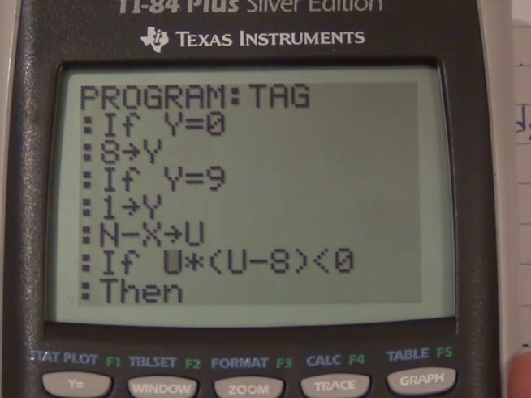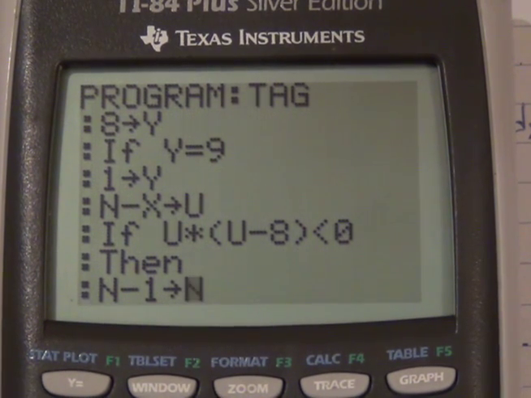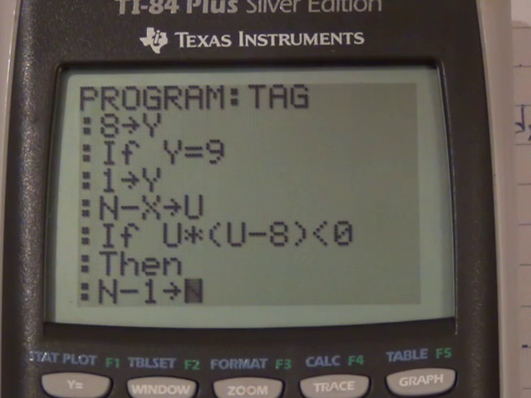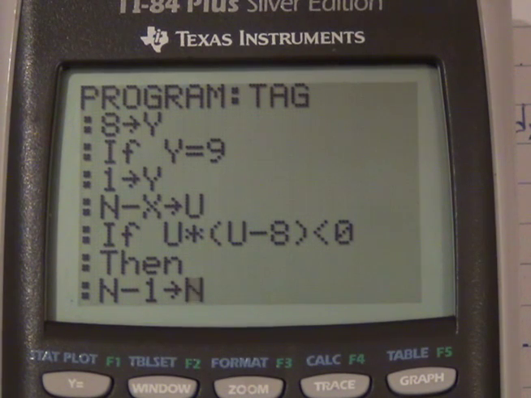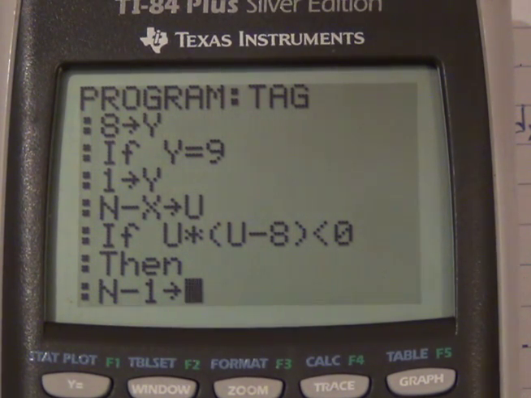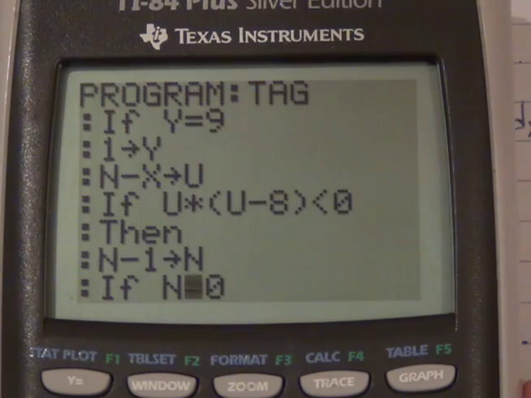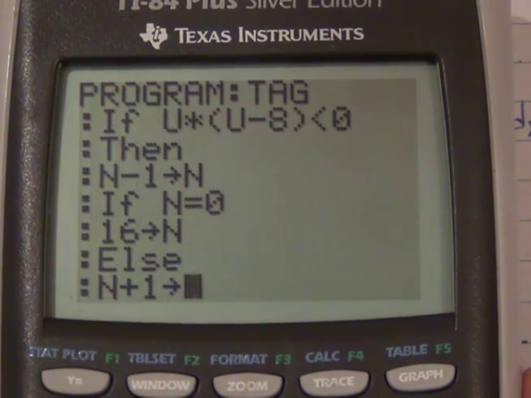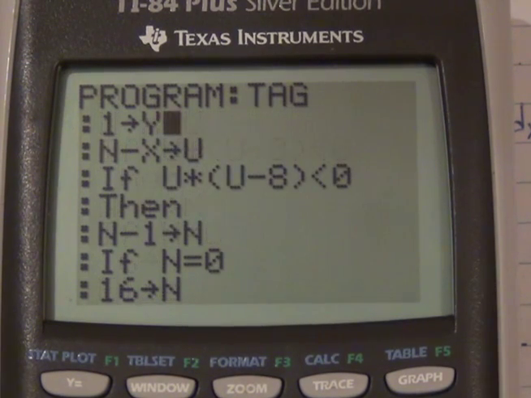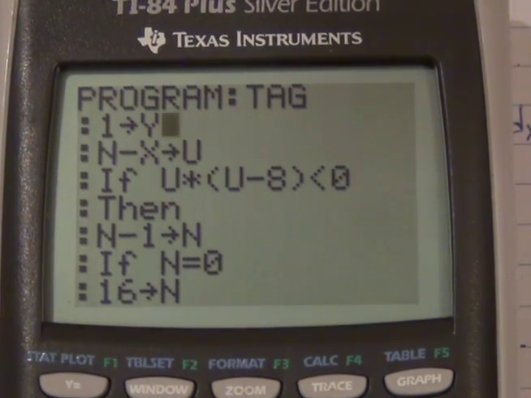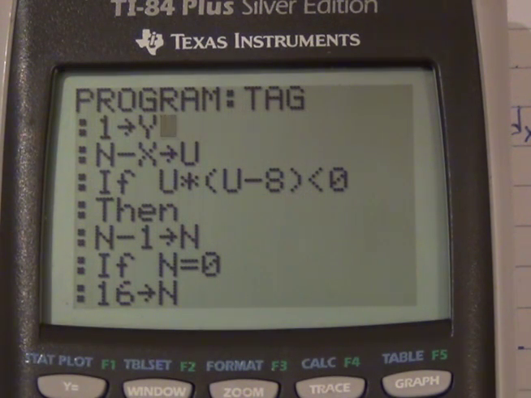So we have a positive number times that minus 8, which gives us positive times a positive, which is greater than 0. So he's going to move to the right. But we want him to move to the left because it's a shorter path that way.